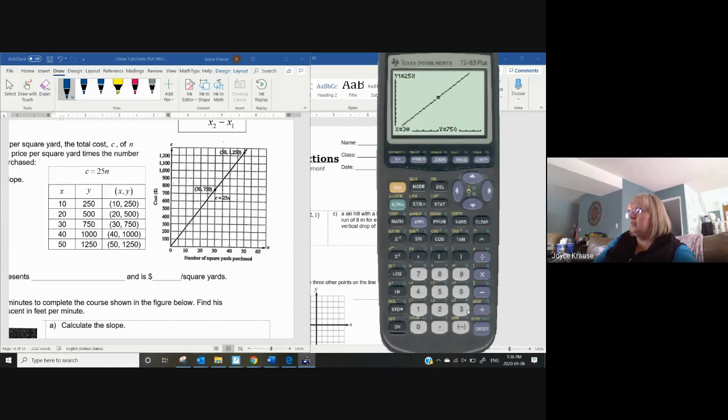Well, you just trace it 30. And it's 750. If you trace it 50, it's 1250. If you trace it 0, it's 0. And so anything that we do with lines can be drawn on our calculator. Any questions so far?